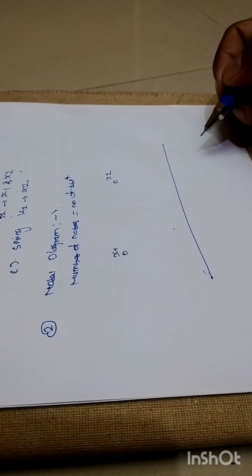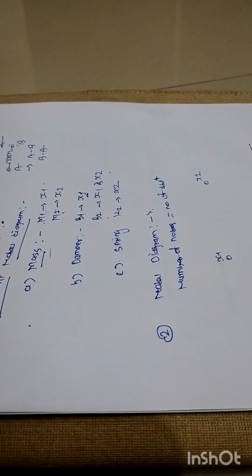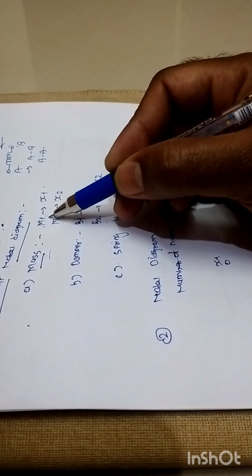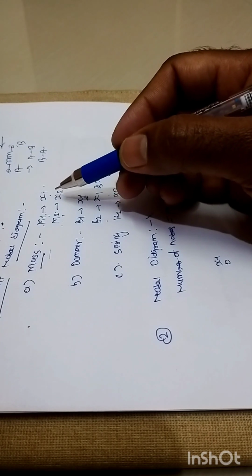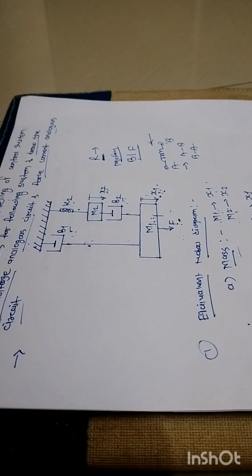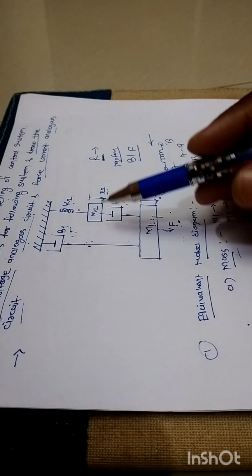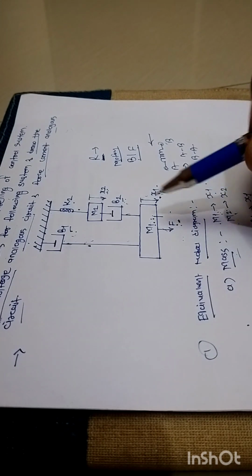Now in order to complete this nodal diagram, as far as step number 1 is concerned, mass number 1 is associated with displacement x1, right? Why? Because carefully see how mass number 1 is connected in this given mechanical system.